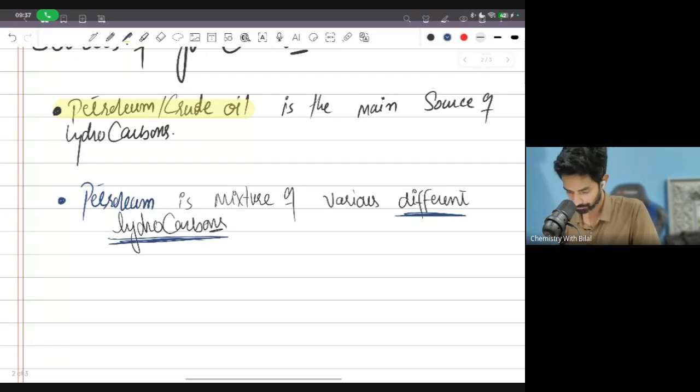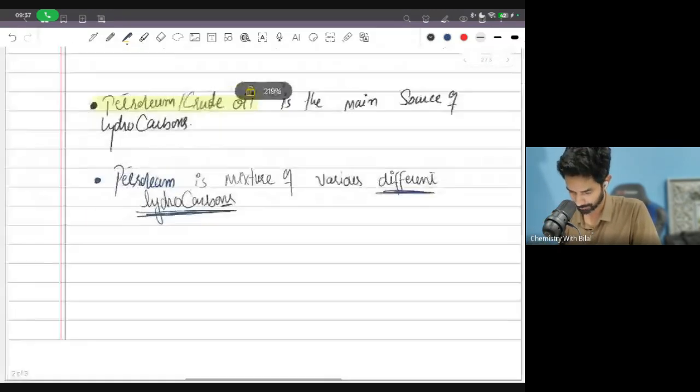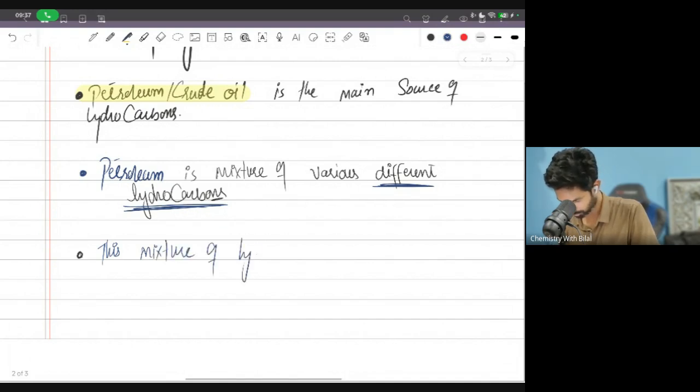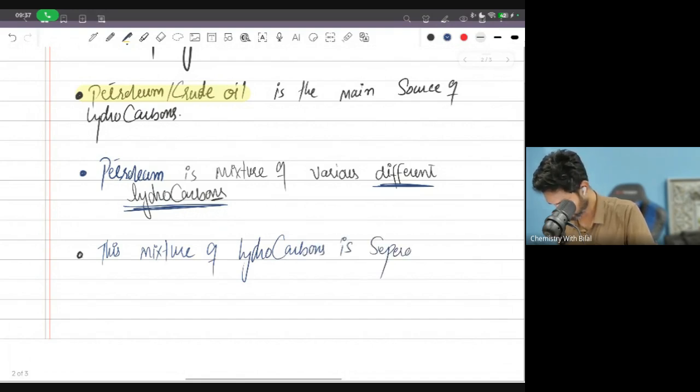Now they will ask you, how do you separate the mixture? So this mixture of hydrocarbons is separated by a technique.